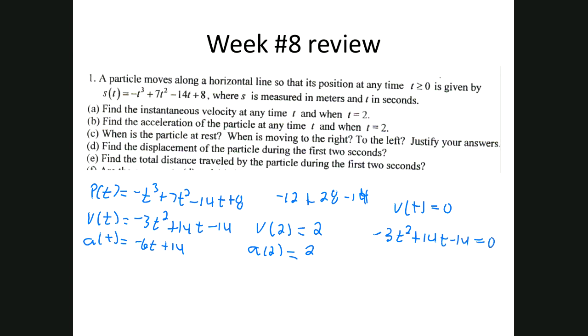Well, in order to solve this, I'm going to have to factor. If I multiply the two outer terms together, what does that give me? 14 times 3, so that's going to be 42. And then what two numbers multiply to give me 42 that add up to 14?